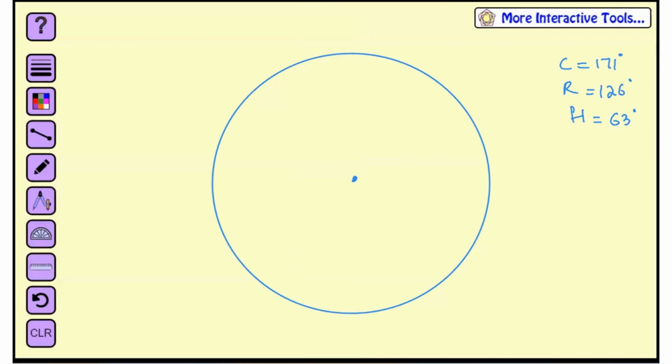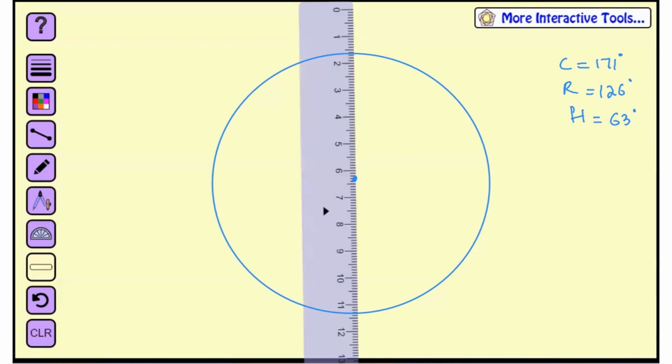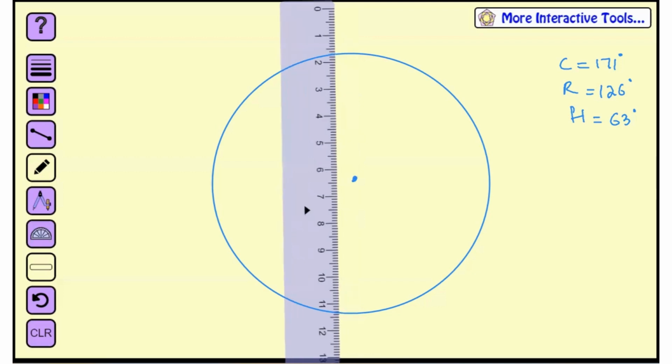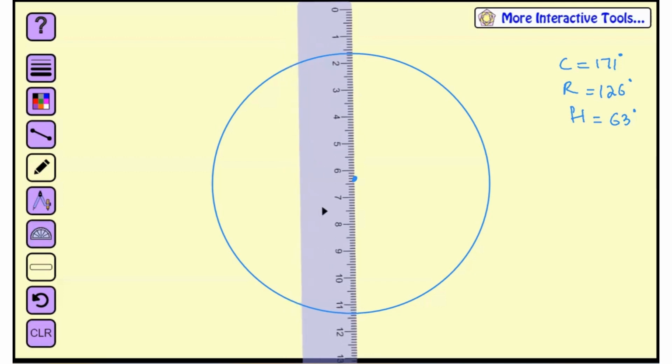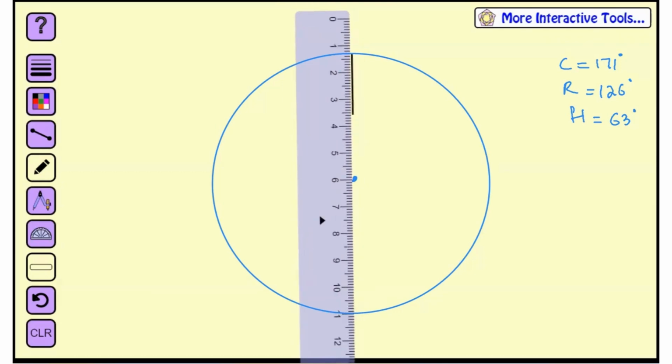Okay. So what they did was they drew a line. This is the line that we have.